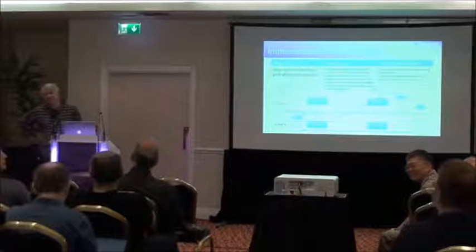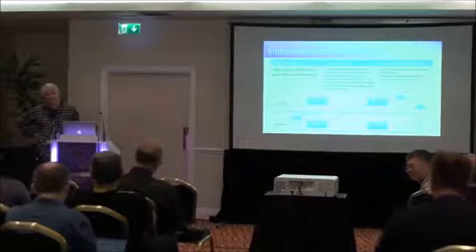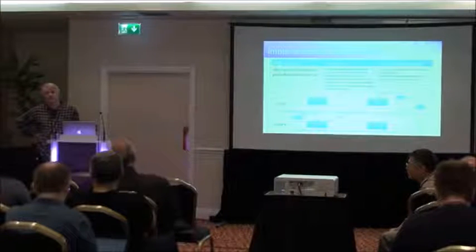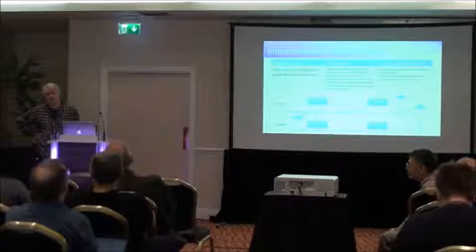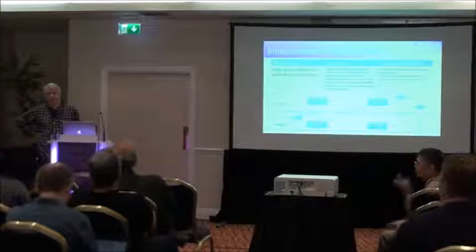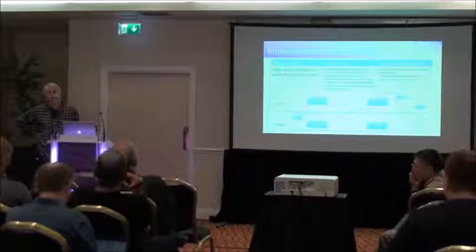So if you go back to DPDK 1.2, we had two FIFOs. The cache was a FIFO, the ring was a FIFO. What we did in 1.3 was change the cache to a LIFO, but the ring is still a FIFO.